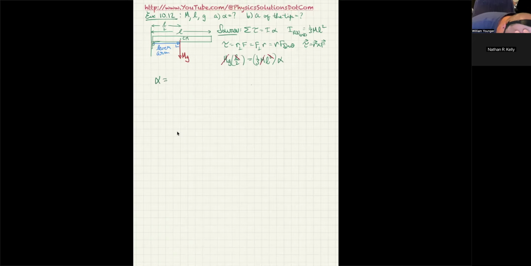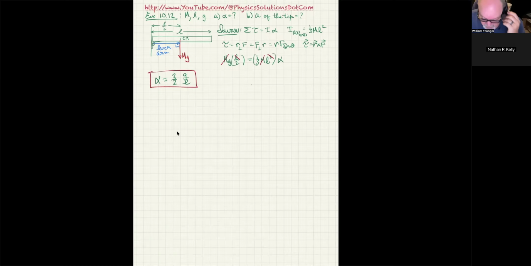And what we'll see is alpha turns out to be 3/2, because there's a 1/2 all the way over there on the other side of the equation, and the 3 goes on the top, and then it's going to be times a g. But in addition to times a g, it's going to be divided by an L, so it might be better to write it as 3/2 g over L is the angular acceleration of this.